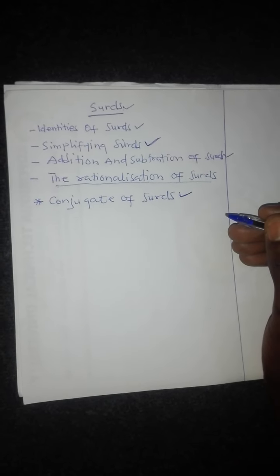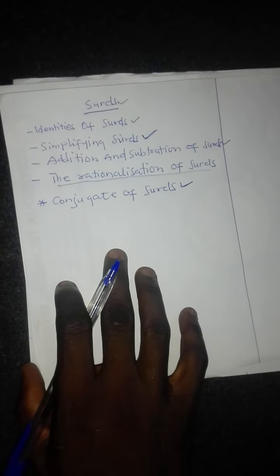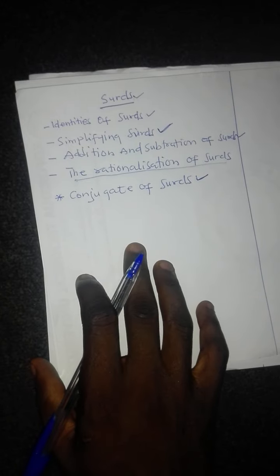Now we have monomial sets. If a set has only one term, we call it a monomial. For example, root of a is a monomial set because it has only one term.